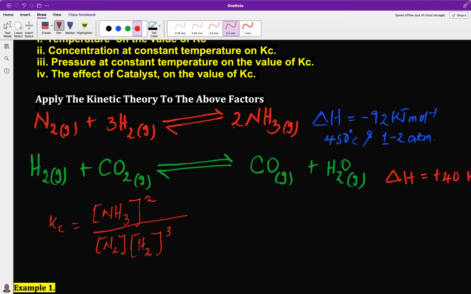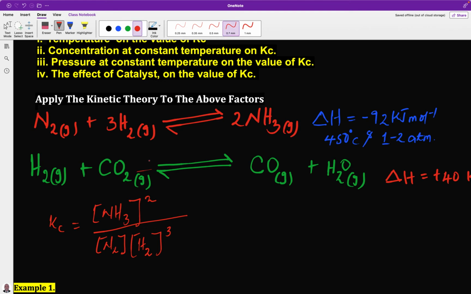And when the equilibrium shifts from right to left, there is more of the reactant than the product. And in that case, the Kc will decrease, because there is more of the reactant than the product.